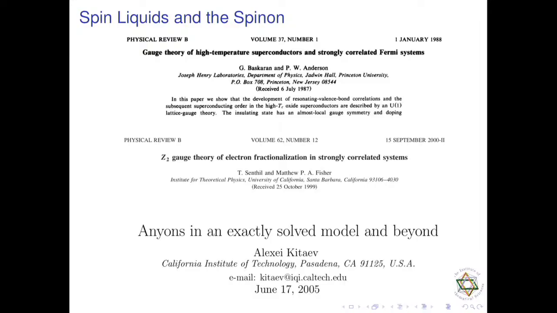U(1) gauge theories didn't have the correct phase diagram, but Z2 gauge theories did, and the concept held. And this is a remarkable paper which then gave a user-friendly, exactly solvable two-dimensional model where the spinon was explicitly realized. And spin liquids also have now been experimentally seen in various systems, so it is well accepted that they exist.